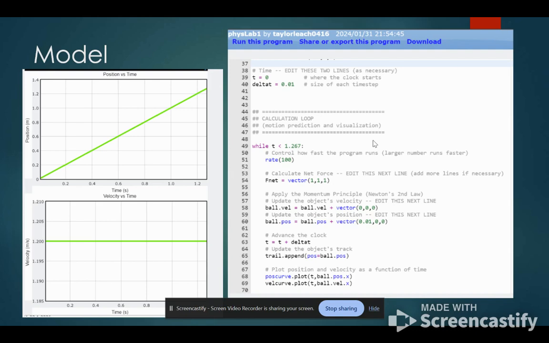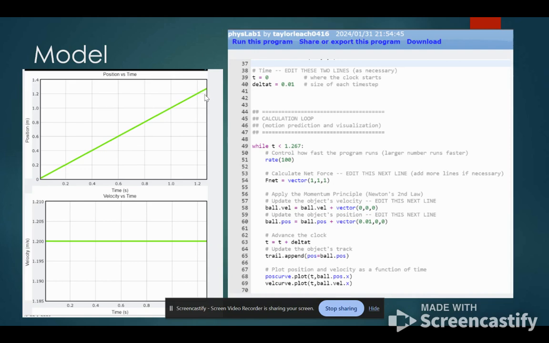Our model was done through a computer program on GlowScript using the formulas, the velocity update formula and the position update formula. And from this model, we saw that the position versus time graph had a constant slope that was positive and not increasing.